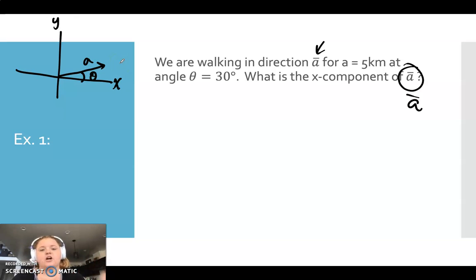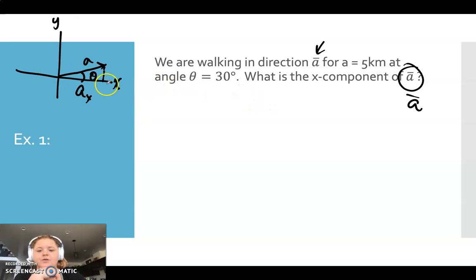So we looked at this in our last slide, in the last video, at the end, breaking down our components into x and y vectors, okay? So we want to know our x here, and so that would be a sub x, okay, on this x-axis.